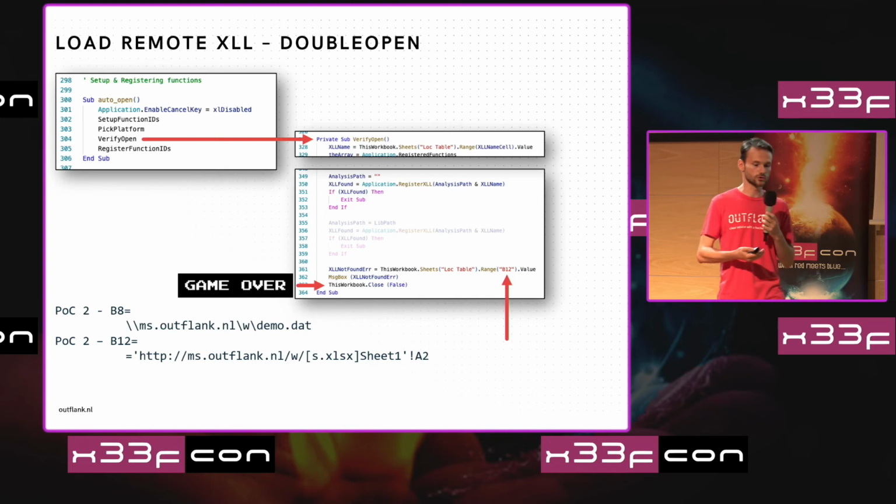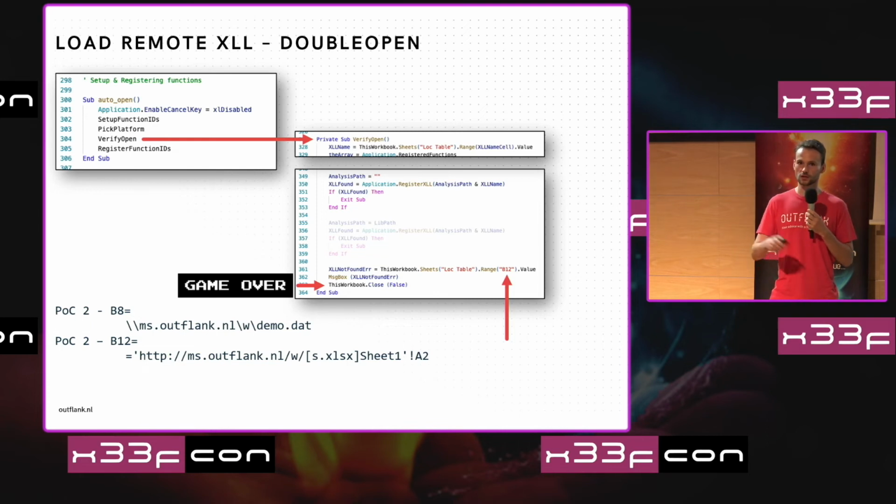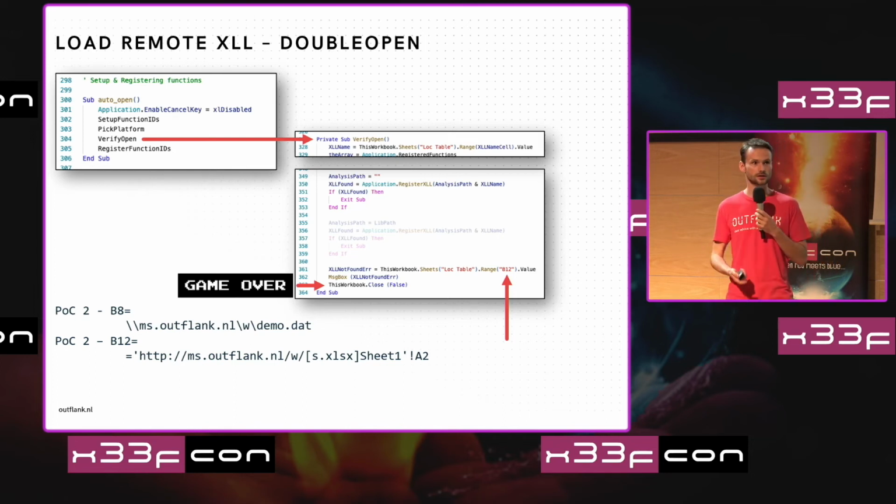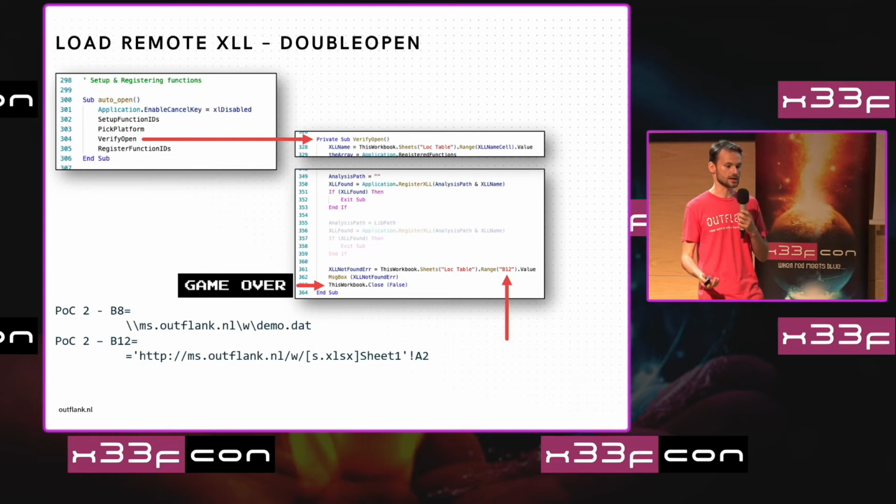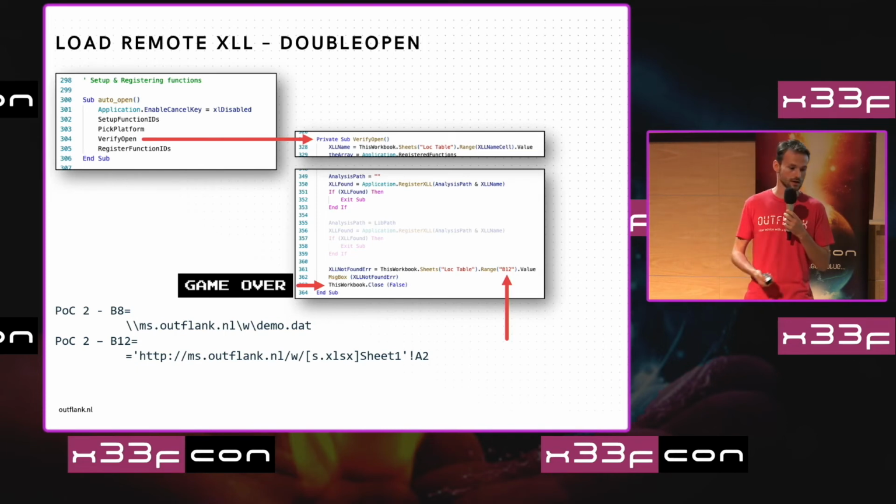It would try to load an error message from this remote location, triggering web client, and then the workbook would close. The second time our target double-clicks on this add-in, register XLL will be able to find this remote WEBDAV location over HTTP or HTTPS, and then our malicious XLL is loaded into the Excel memory.